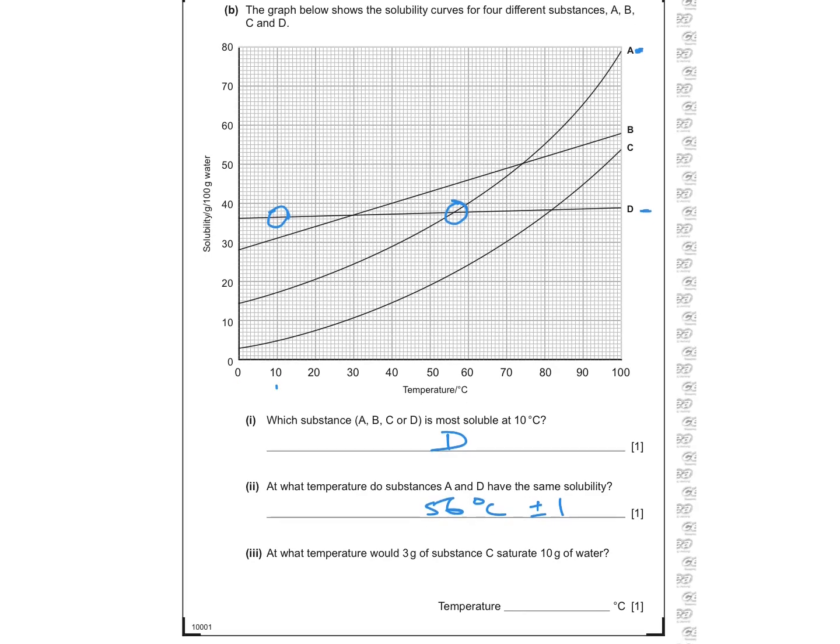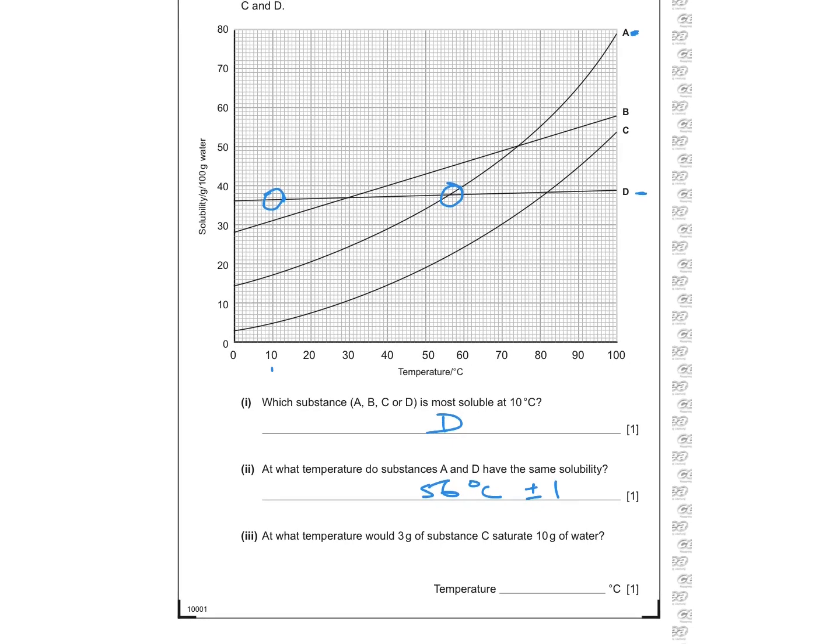And for part 3, at what temperature do 3 grams of substance C saturate 10 grams of water? Now, solubility curves always are done in grams per 100 grams of water. You can see that. So what you've got to do here for part 3 is work out the mass that would saturate 100 grams of water. So you've got 3 grams will saturate 10 grams of water.